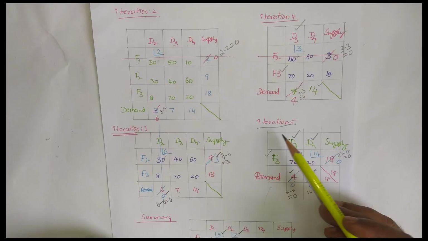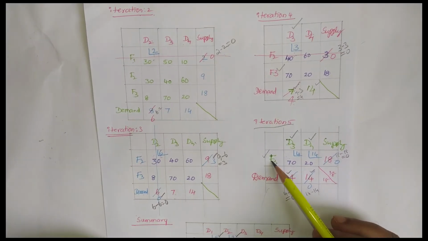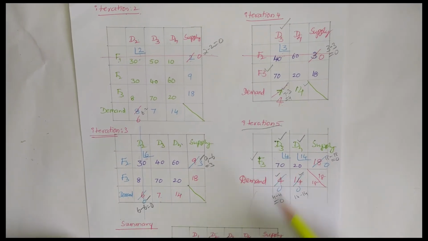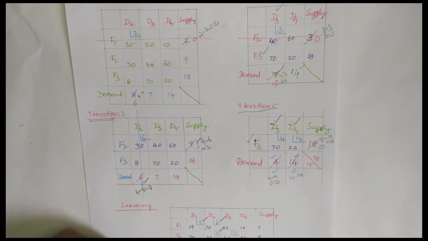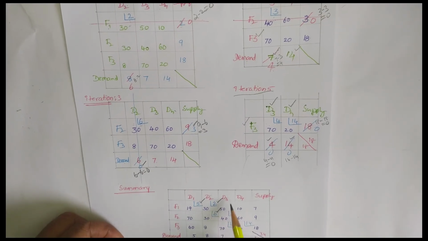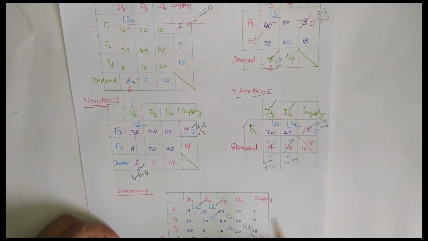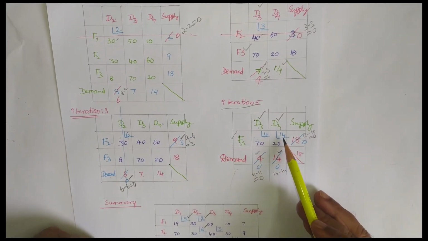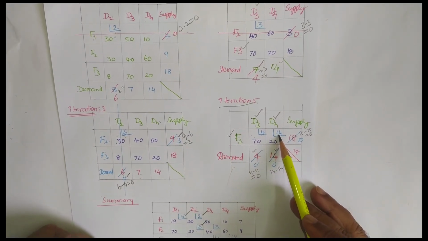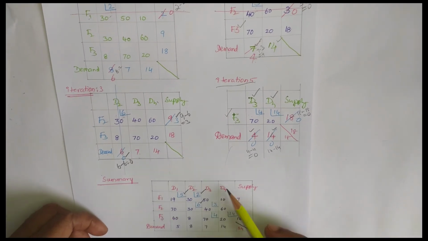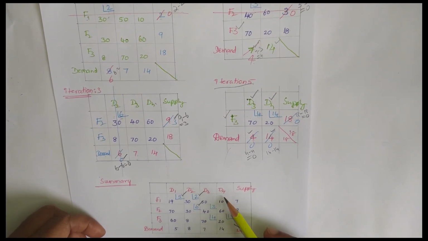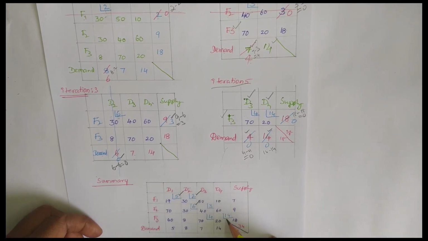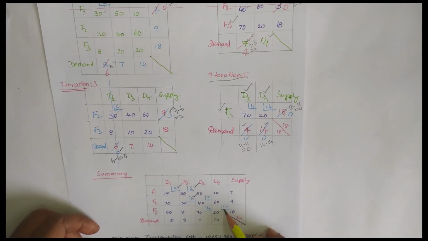Iteration 5, at the F3 D3 cell, 4 units are allocated, and at the F3 D4 cell, 14 units are allocated.